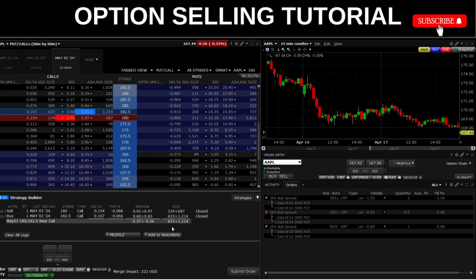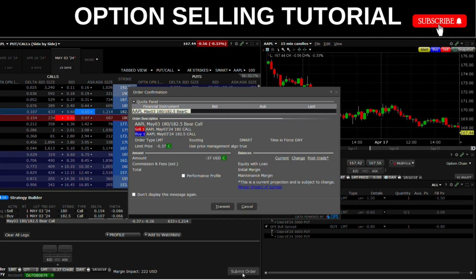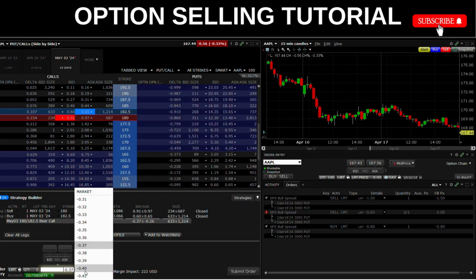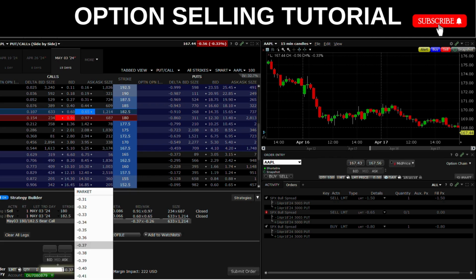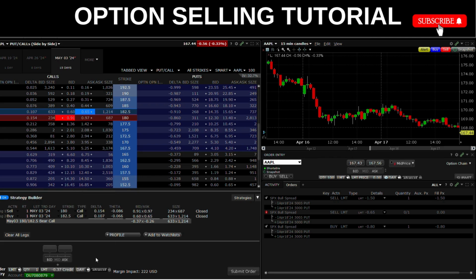So this is your strategy: the price will not go above 180, and you are going to sell a credit spread for 180. You select the limit price, which should be in the middle of the bid and ask price. You don't see these values because the market is not open, but you select the mid price between the bid and the ask, and then you submit the order.